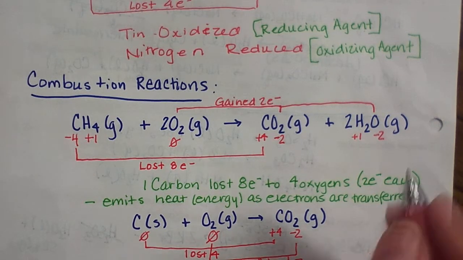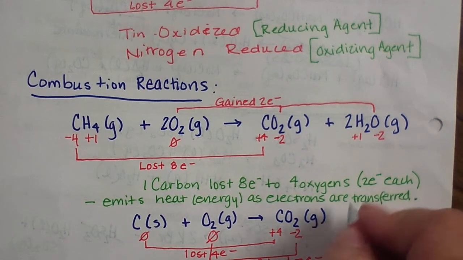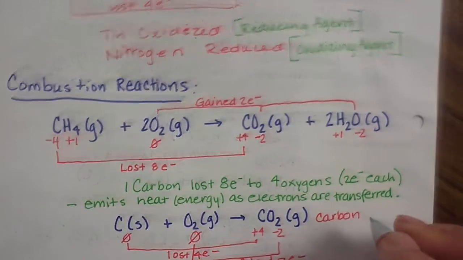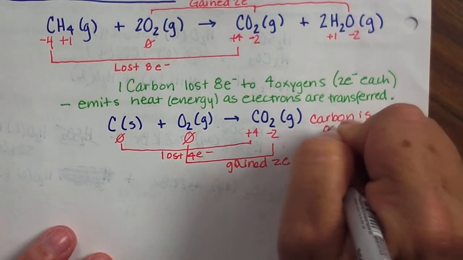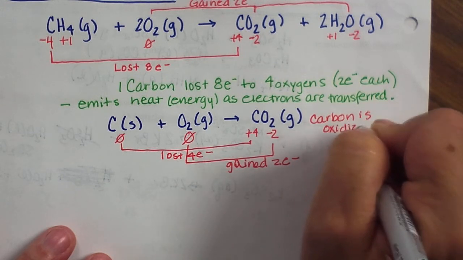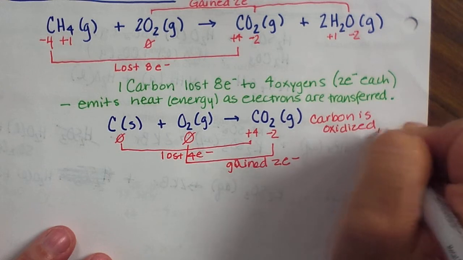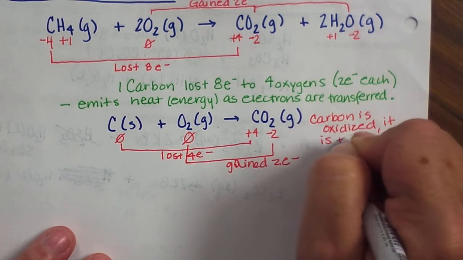So again, in this case, carbon is losing 4 electrons, so carbon is oxidized and is the reducing agent.